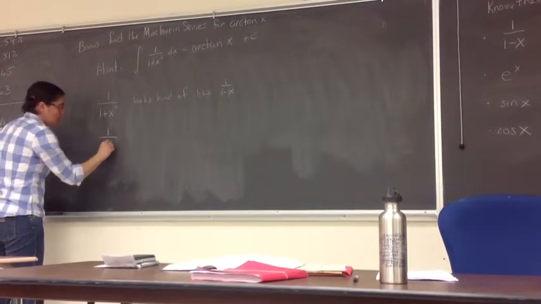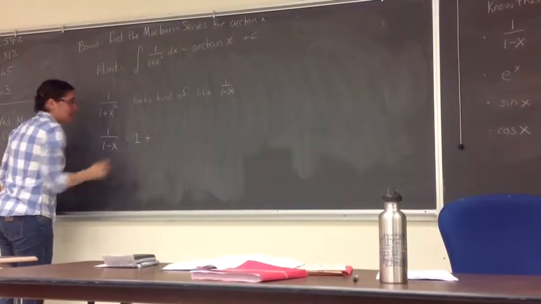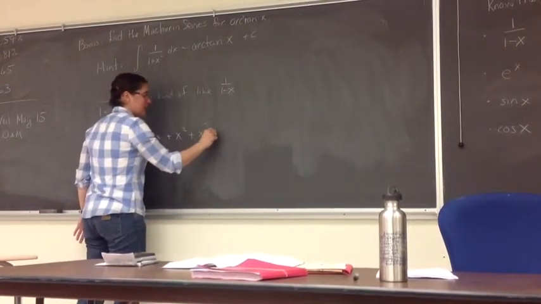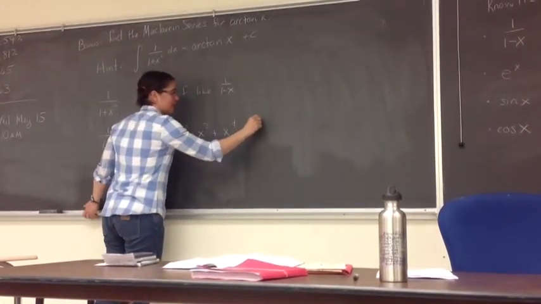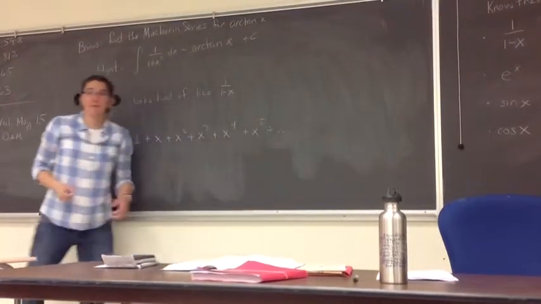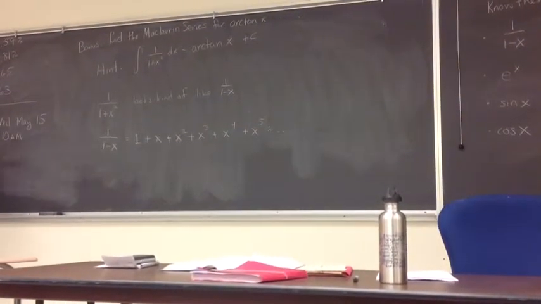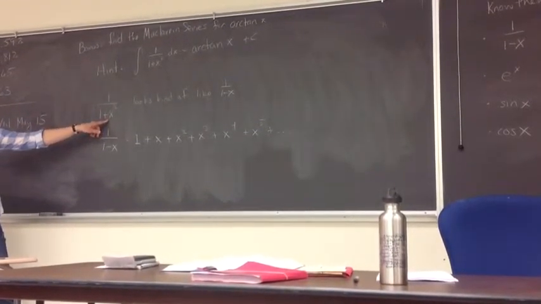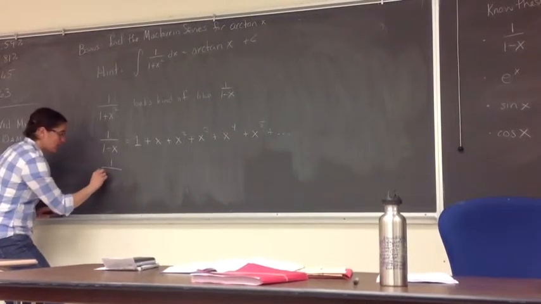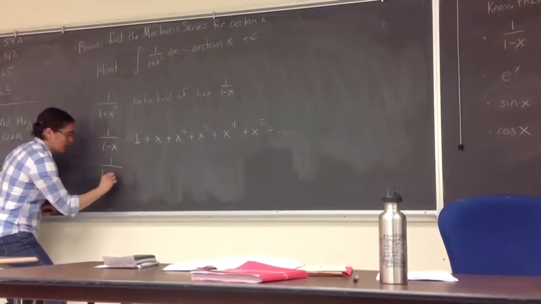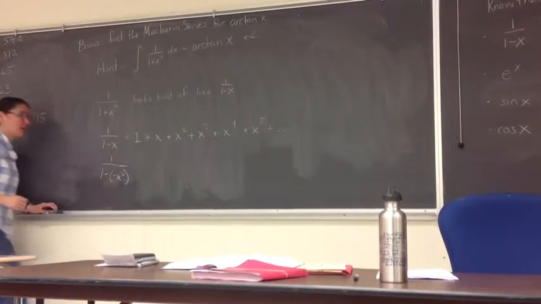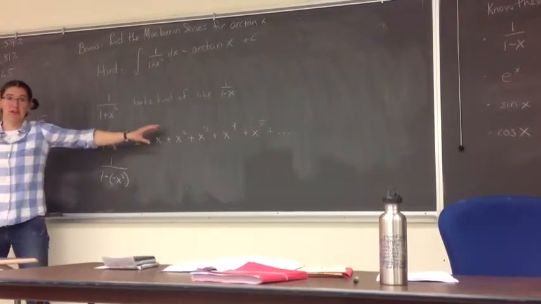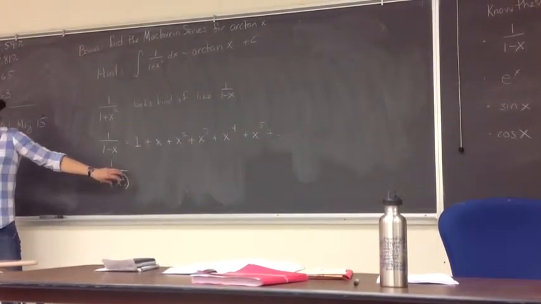And I know that 1 over 1 minus x has the Maclaurin series 1 plus x plus x squared plus x cubed plus x to the 4th plus x to the 5th plus dot dot dot. And so if I want to come up with a power series for 1 over 1 plus x squared, I can rewrite it as 1 over 1 minus a negative x squared. Then everywhere that I see an x in this original expression, I can replace it with the negative x squared.